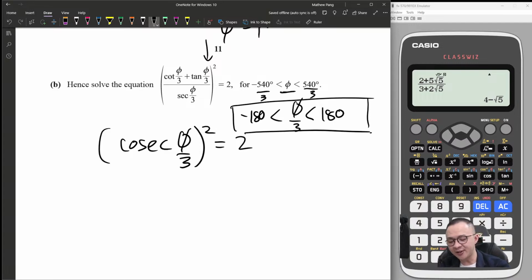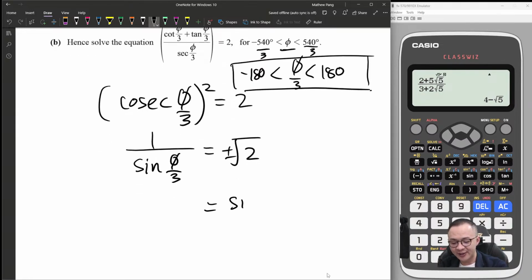Okay, so first thing is I move the square to the other side. And this one, cosecant, I change to 1 over sine first. Then this one is square root of 2, positive or negative. Then sine of phi over 3 is 1 over positive or negative square root 2.